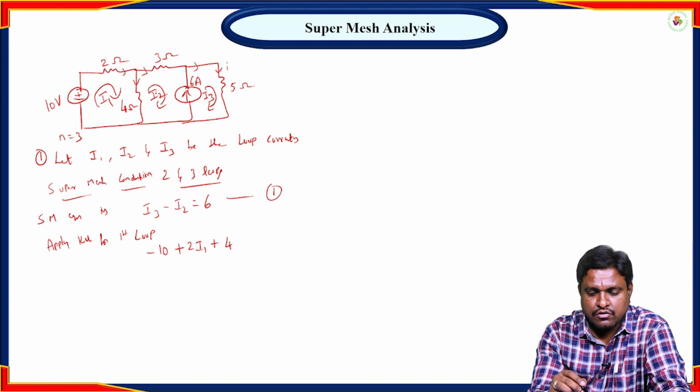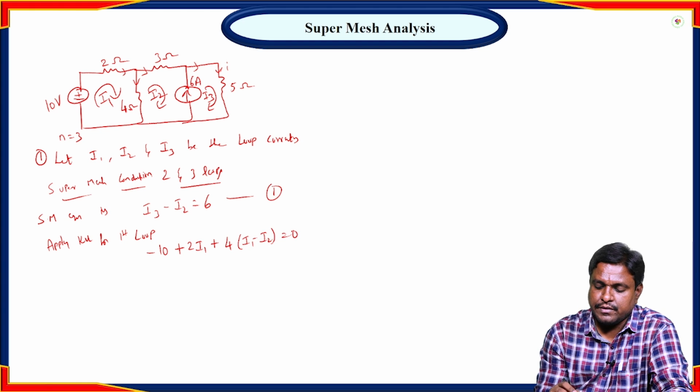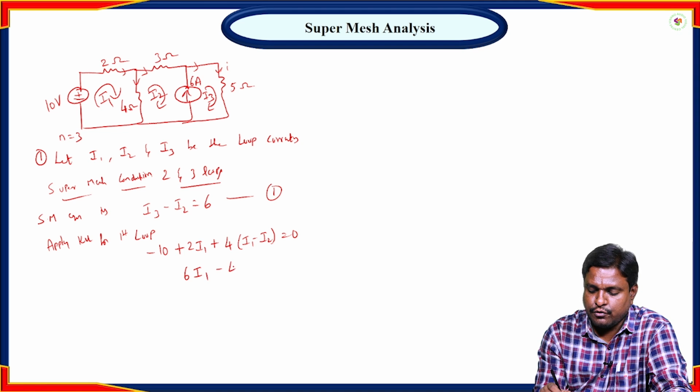The I1 current potential is positive with respect to I2. So we get 4 into (I1 minus I2) equal to 0. Finally we get the equation as 6 I1 minus 4 I2 equal to 10.